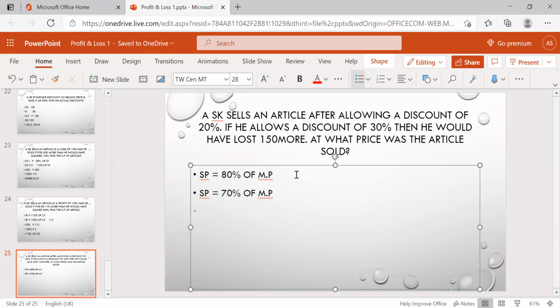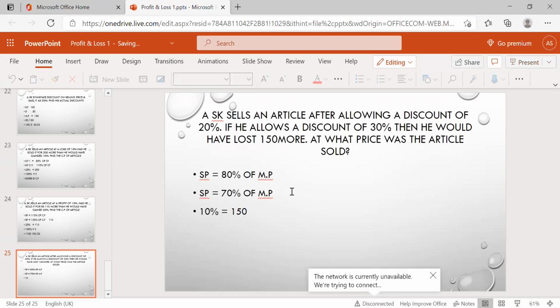First time he allows 80%, second time 70%. So he gave an extra 10% discount. That 10% extra discount is nothing but the 150 rupees he lost. So this 150 rupees is equal to 10%, right?